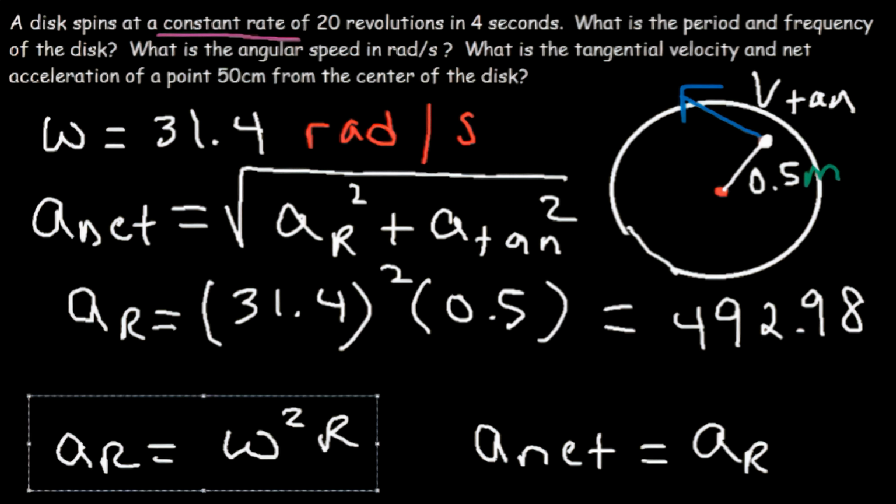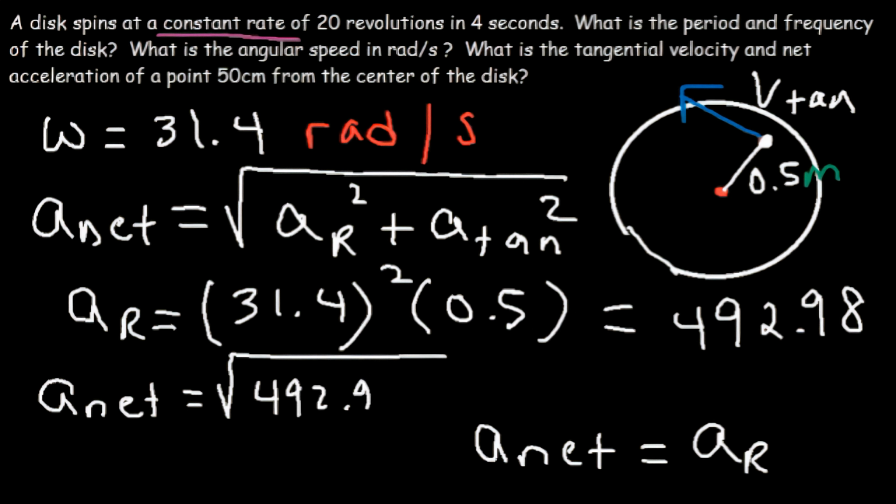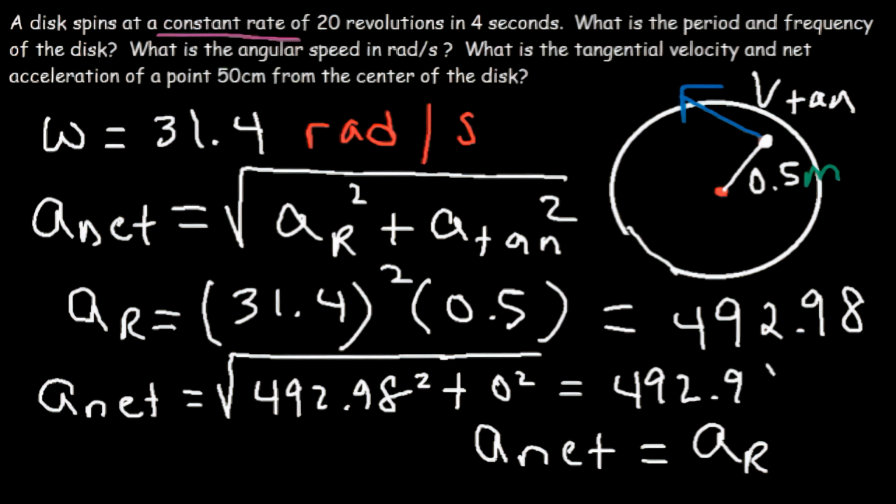For example, if we plug it into the formula, it's going to be the square root of 492.98 squared plus 0 squared. The square root of 492.98 squared is simply 492.98. And the units for acceleration is typically meters per second squared. And so that's it for that problem.